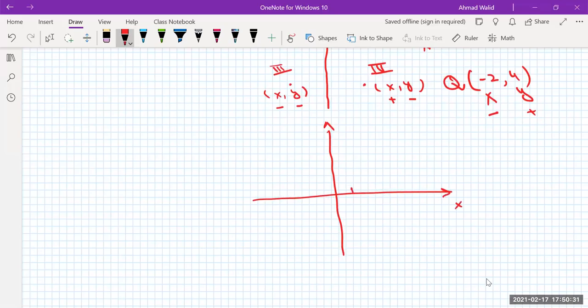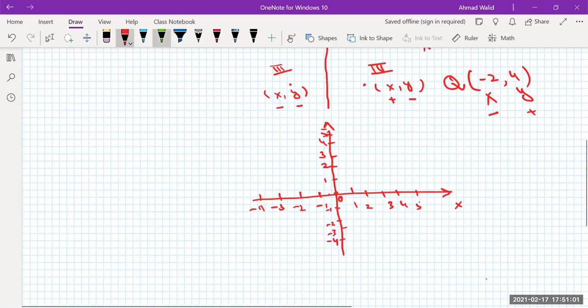Here, on the x-axis, 1, 2, 3, 4, 5. On the y-axis, 1, 2, 3, 4, 5, for example. On the x-axis, -1, -2, -3, -4, and on the y-axis here, -1, -2, -3, -4, and here your origin or 0. -2, 4 means on the x-axis, you go 2 units to the left to the -2.